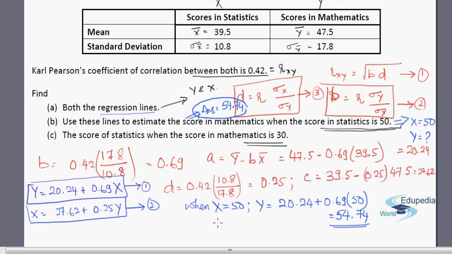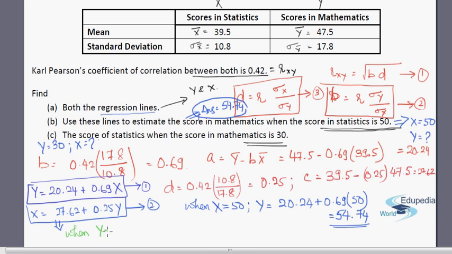Okay, and then finally the score of statistics when the score of mathematics is 30, which could be written as score of mathematics denoted by y. So y equals 30. You need to find the value of x, which is unknown. Okay, so for this we'll be using the second regression equation.